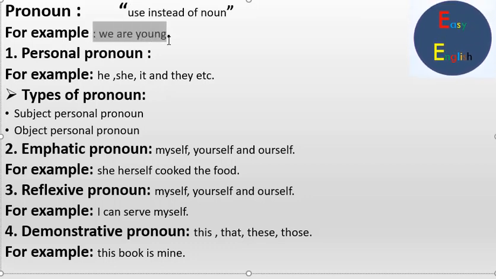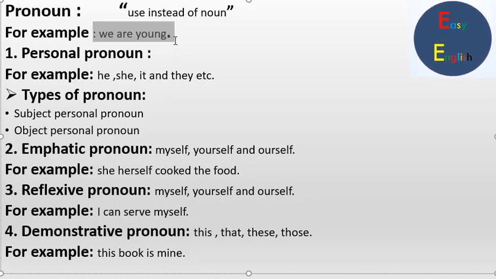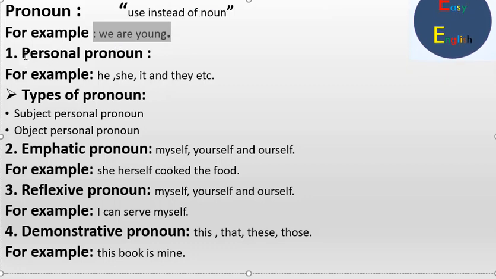In this sentence, here we is a pronoun which is used in the place of noun. For example, Ali is young. Here we remove the noun and replace it with we. So pronoun is used in the place of noun.